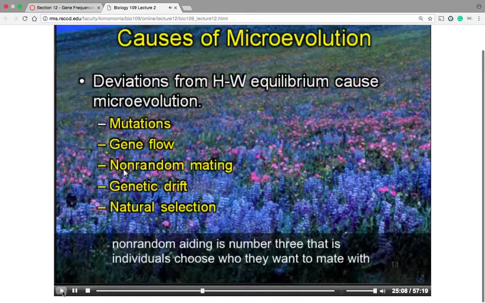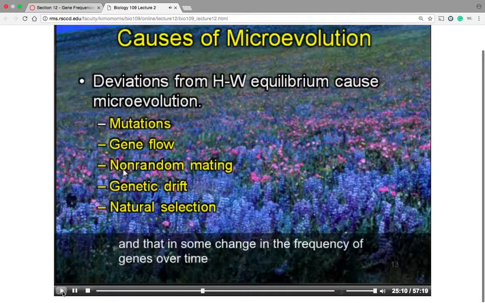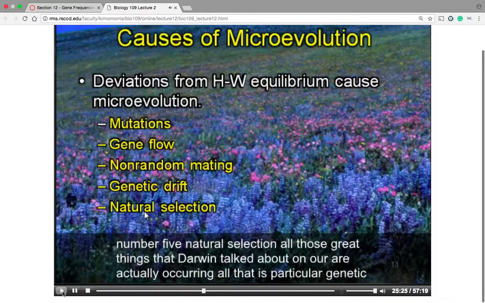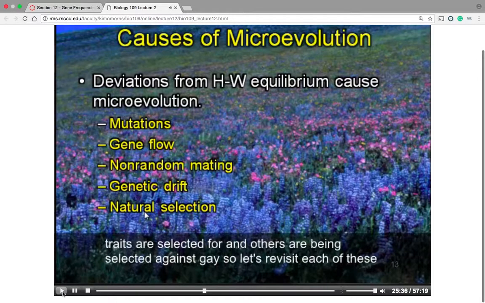That is, individuals choose who they want to mate with, and that ends up changing the frequency of genes over time. Number 4, genetic drift. That is, populations tend to change for reasons that have to do with, actually a few slides will mention, genetic drift. Number 5, natural selection. All those great things that Darwin talked about are actually occurring. That is, particular genetic traits are selected for and others are being selected against.